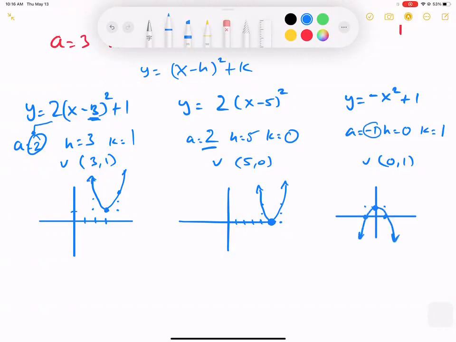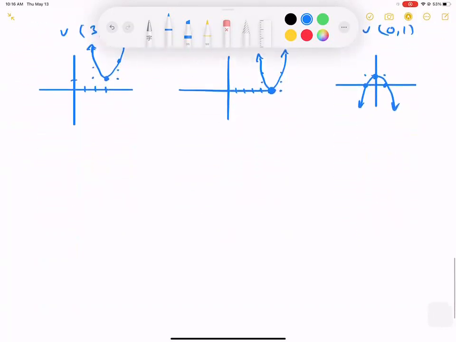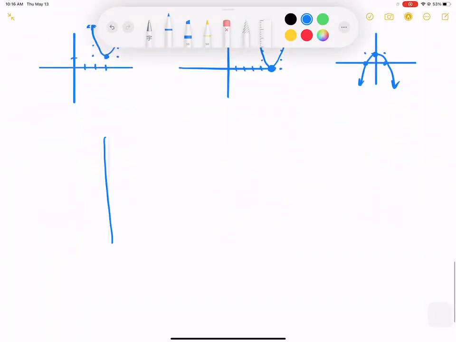Okay. Now going backwards, what if I give you the graph? Could you tell me what the characteristics are for it? And then you can write the equation. Let's go backwards now. Let's just do a fresh start. And our first point is right here.